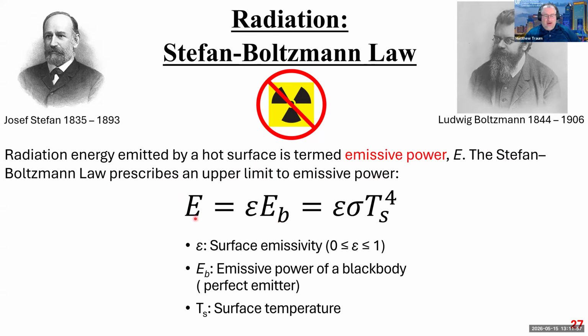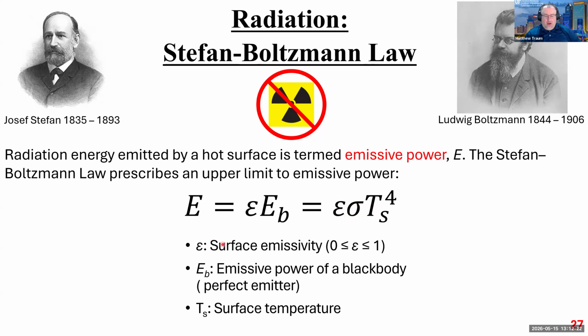So E, emissive power, is equal to the surface emissivity times the emissive power for a black body, which I'll explain in a second. And it turns out that this E sub B can be represented as the Stefan Boltzmann constant times the surface temperature to the fourth power. I'll describe what this is in a second on the next slide.